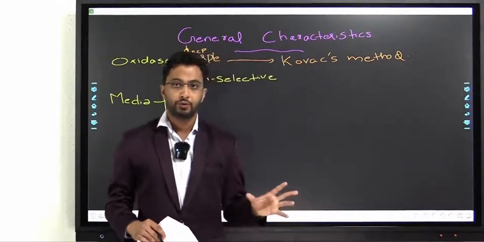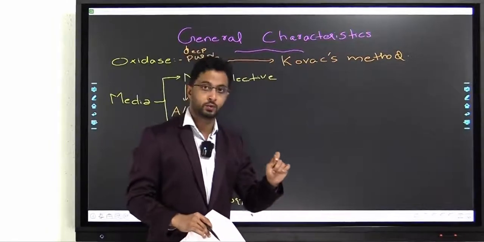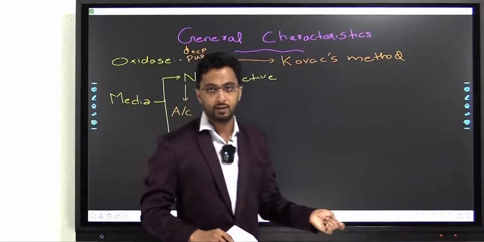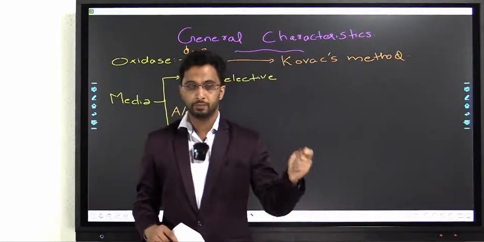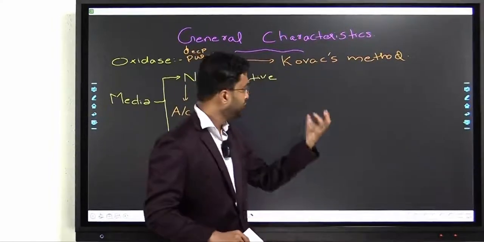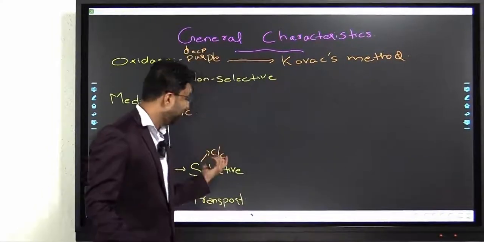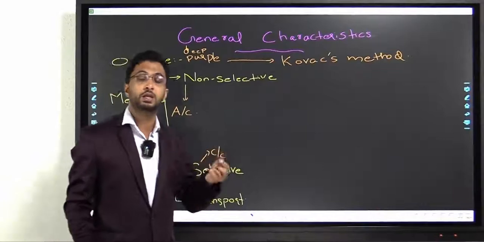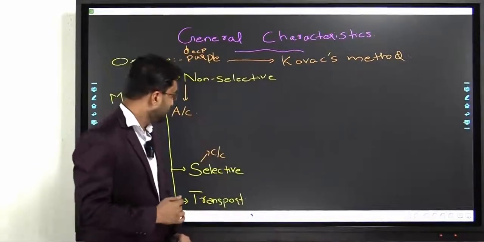In fact you can't take vaginal swabs for gonorrhea, I'll tell you why. But if you take swabs from the cervix, you'll see mixed organisms, and if you give simple media, all the organisms will grow. Instead, you give a selective media which allows only Neisseria gonorrhoeae to grow. So that's why it is used.